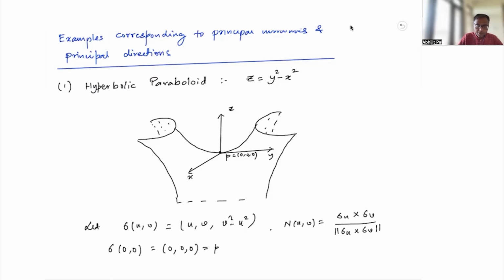Okay, so now let us compute this normal. So what is my sigma u? Sigma u is given by (1, 0, minus 2u). Sigma v is equal to (0, 1, 2v).